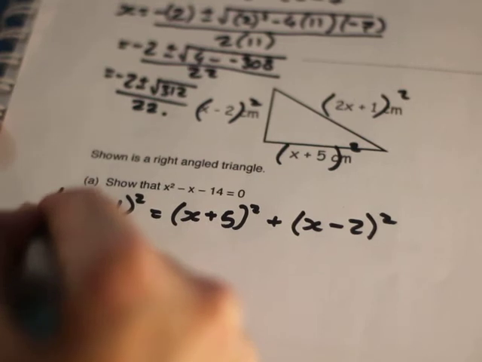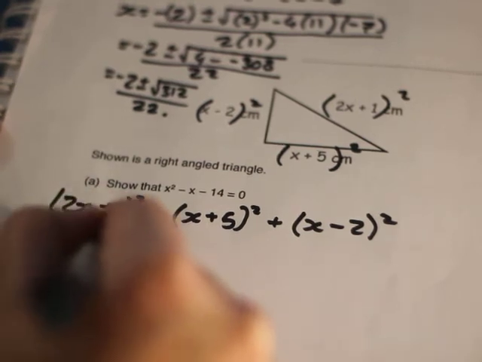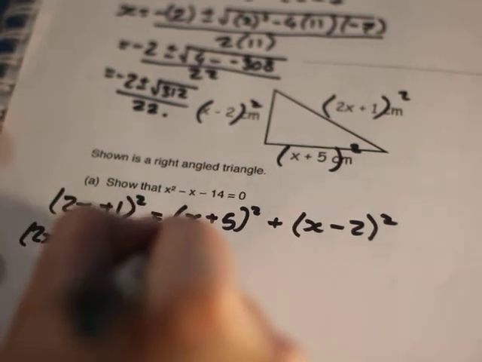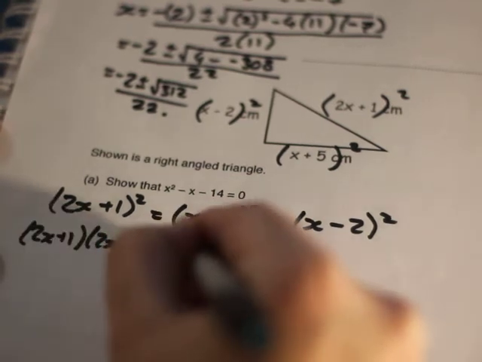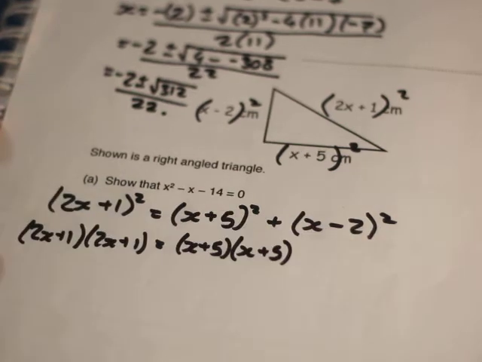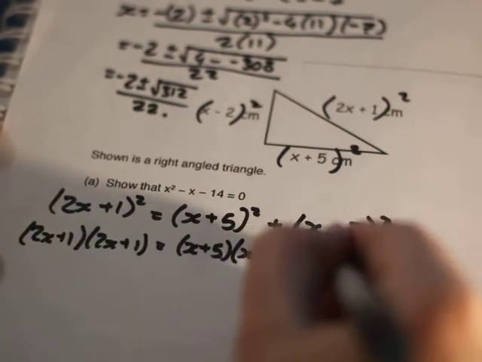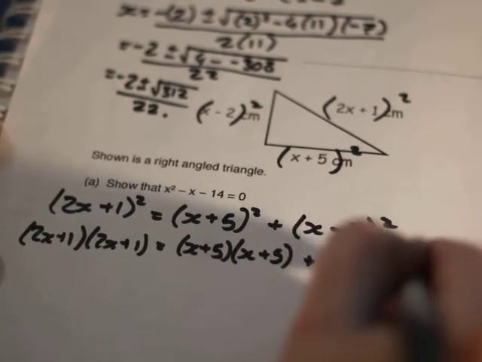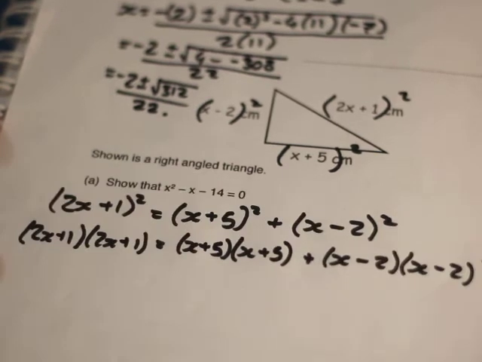Right, so in longhand, (2x plus 1)(2x plus 1) equals (x plus 5)(x plus 5) plus (x take away 2)(x take away 2).